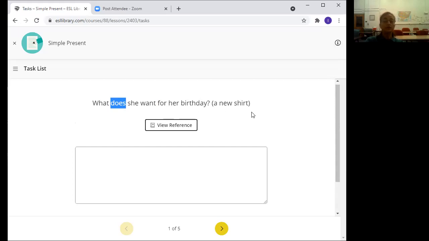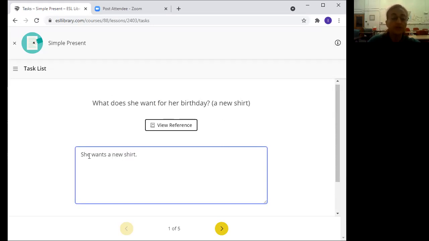So we're going to write the answer, a new shirt, right? The answer is a new shirt. So how are we going to answer? We are going to answer with a full affirmative statement. She, third person singular, wants a new shirt, right?